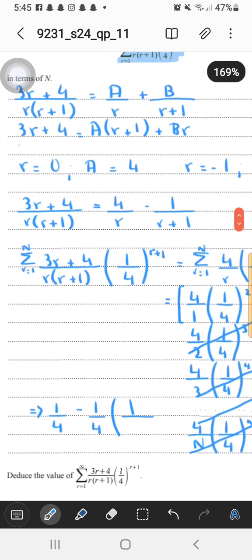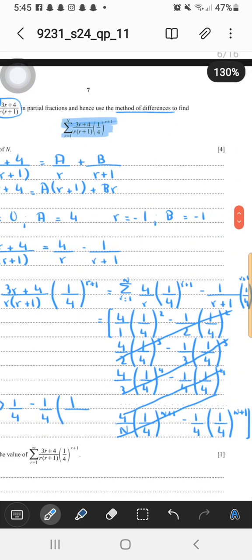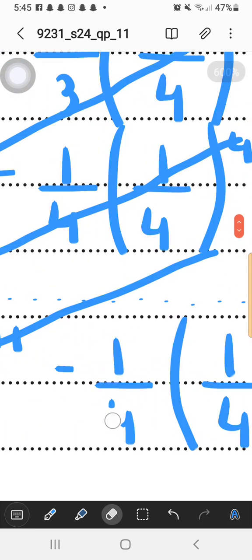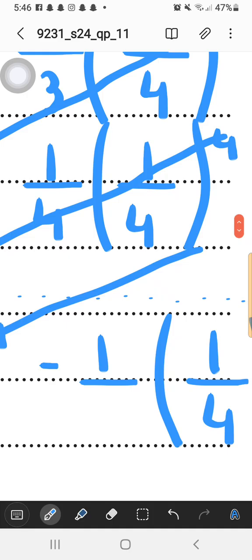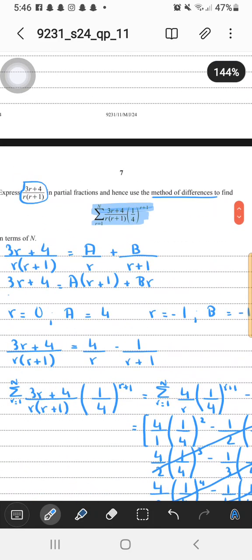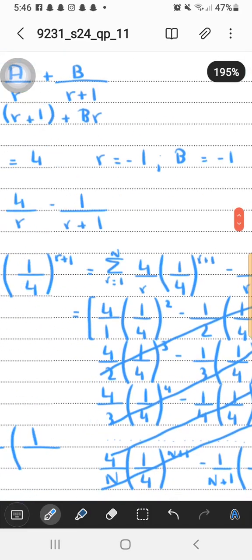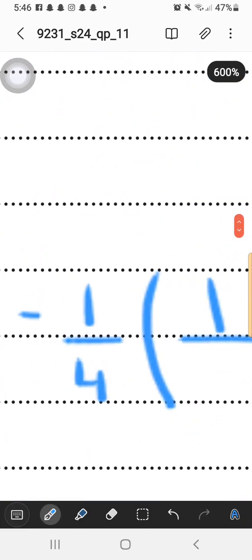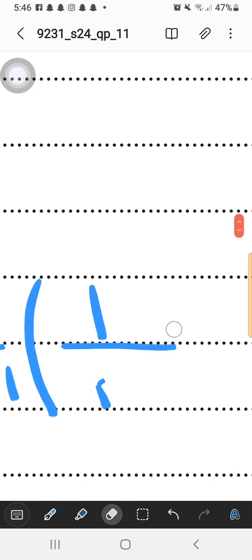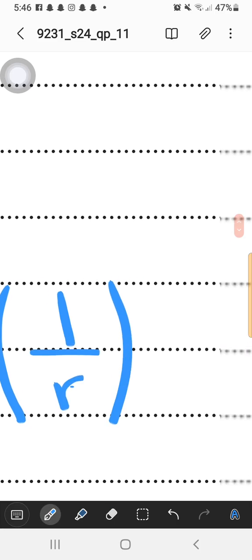Wait for a bit, I think there is a blunder. Yeah, there's a blunder here. It will be n plus 1 because that was r plus 1. Okay, so it is 1 upon n plus 1 multiplied by r. Wait, yeah, this is r.